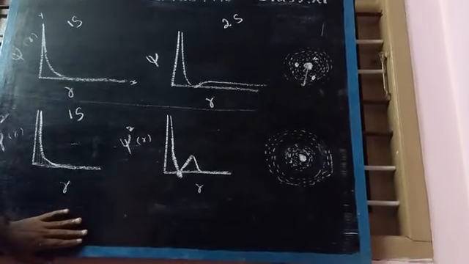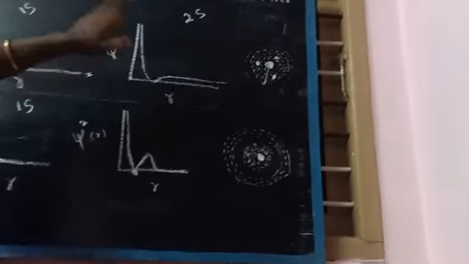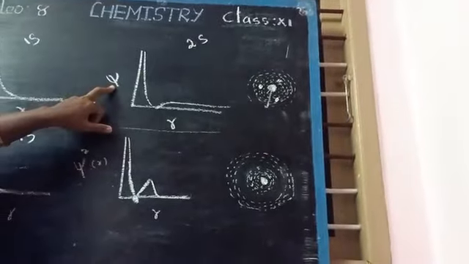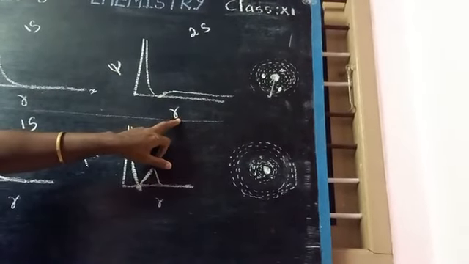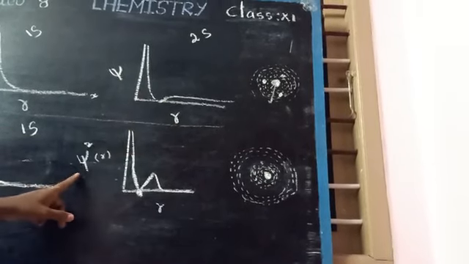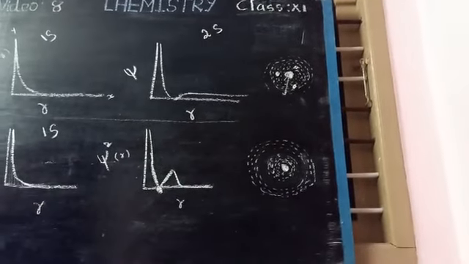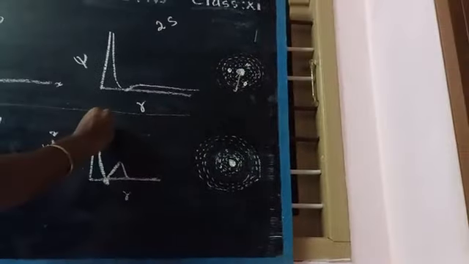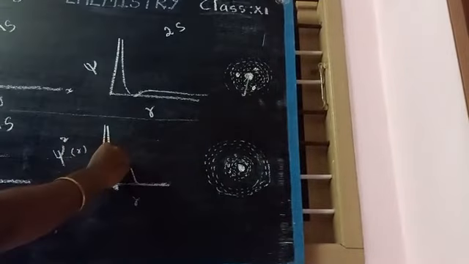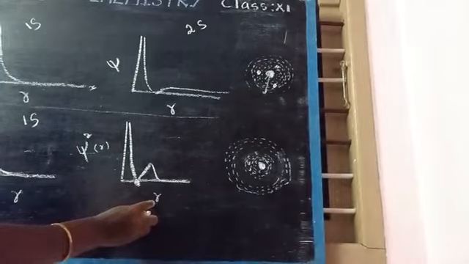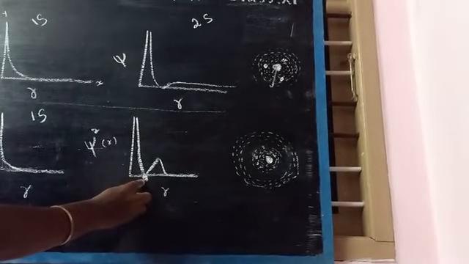From this graph, see the 2s orbital: this one is the amplitude of wave function versus r, the probability density as well as r. See this graph: the probability density decreases at the same time as r increases.